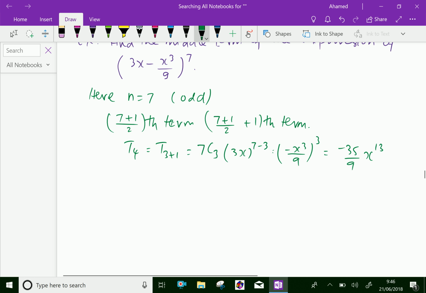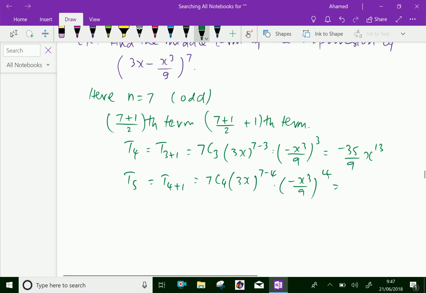Then the second of the middle terms is T5, which is equal to T4 plus 1 equals 7C4, then 3x power 7 minus 4, into minus x cube by 9 power 4. After calculation, 7 minus 4 is 3 and x cube power 4 is 12, and 12 plus 3 is 15.